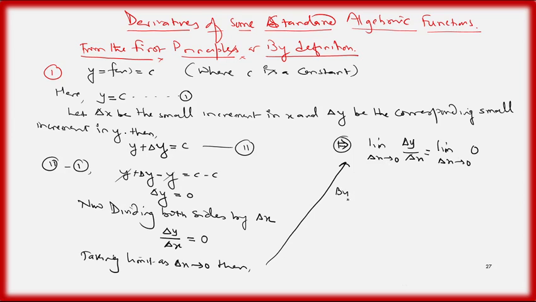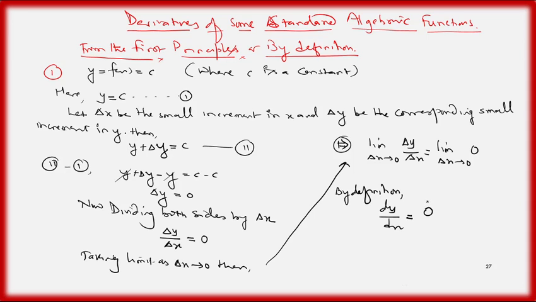By definition, limit del x tends to 0 of del y by del x is dy by dx, so the derivative of this is 0.